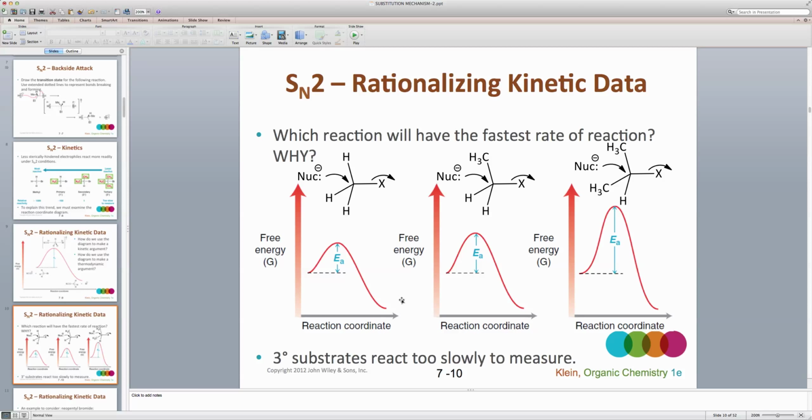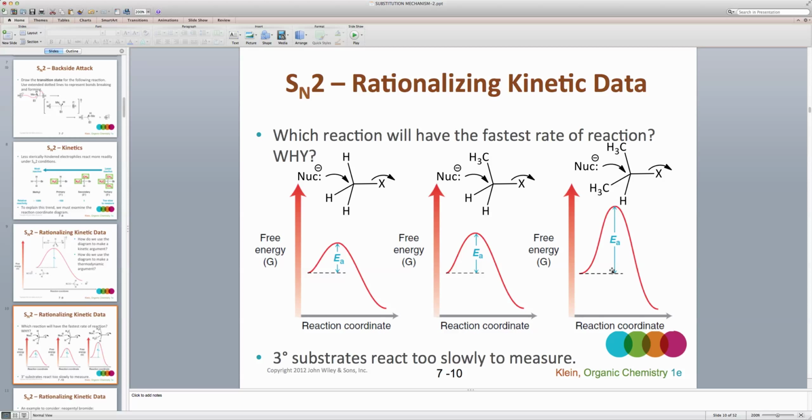If I begin to look at a methyl substrate versus a primary substrate versus a secondary substrate, notice what happens with the energy of activations. The lowest energy of activation is the least hindered substrate. And of course, as I go from methyl to primary, it increases.